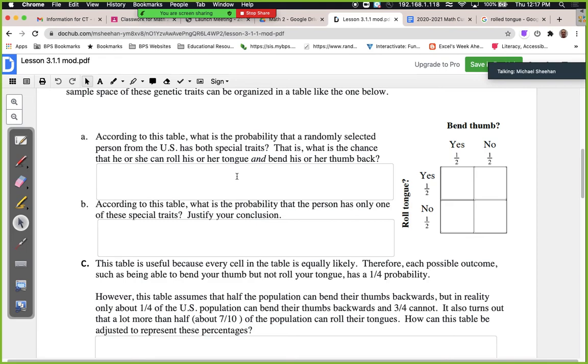Half, more than half, less than half? What do you think? Half. Repeat that again? Yeah. So if half of all people can bend their thumb and half of all people can roll their tongue, how many people do you think can do both?